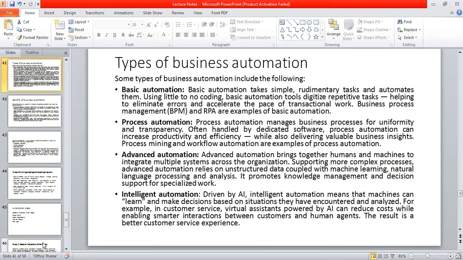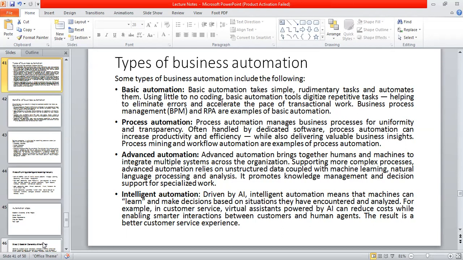Basic automation tools just digitize the repetitive task, helping to eliminate errors and accelerate the pace of transactional work. Business process management and RPA are examples of basic automation.